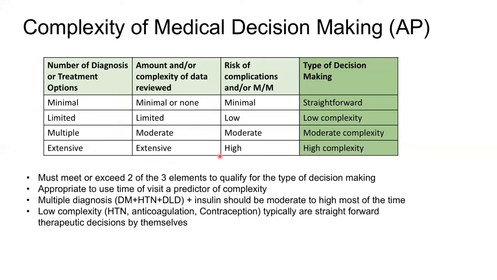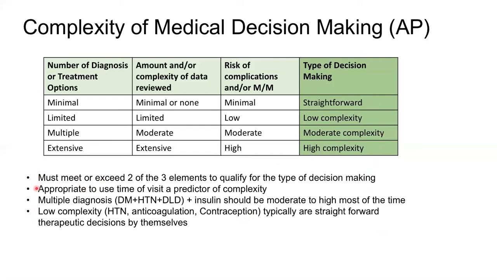A high risk patient would be someone who you're really worried about going into the hospital or ER in the next couple of days if you don't do something right now to alter their plan of care. Or it could be a medication that requires very close therapeutic monitoring, like clozapine, for example. The type of decision-making you choose is either straightforward, low complexity, moderate complexity, or high complexity. And you must meet or exceed 2 out of 3 of these elements to qualify.